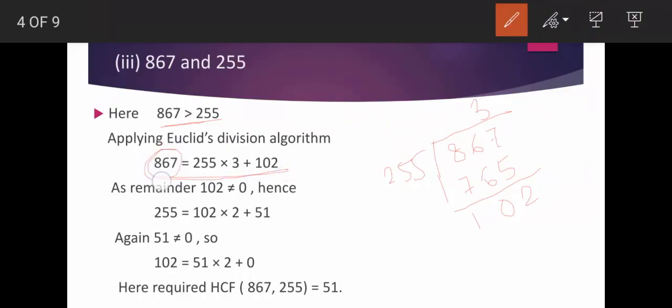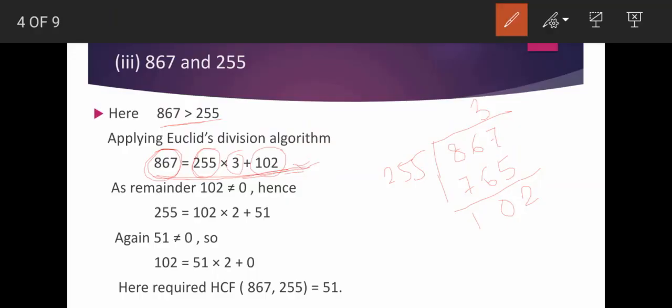867 will be taking the place of the dividend, while 255 will be acting as the divisor. After that, when we perform the division, we got 3 as the quotient and 102 as a remainder. To get the HCF, of course, we have to derive a step where the remainder comes as 0. In this case, as this is a non-zero remainder, we have to continue with the same steps.